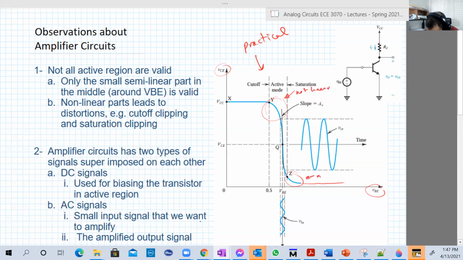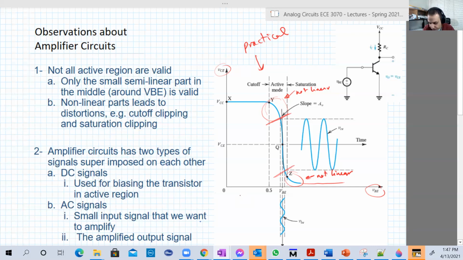Also here. Only for a very small region, maybe from that point to that point, it's semi-linear. It can be approximated as linear, or the non-linearity is negligible.